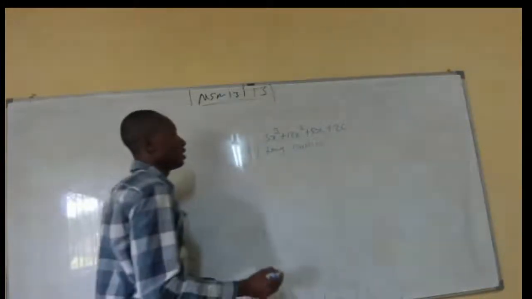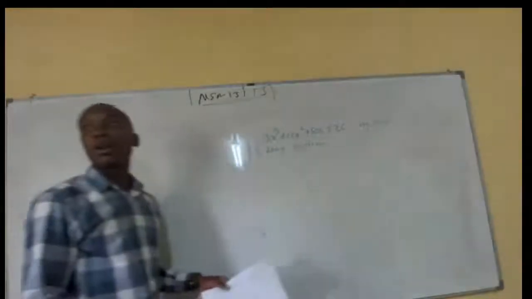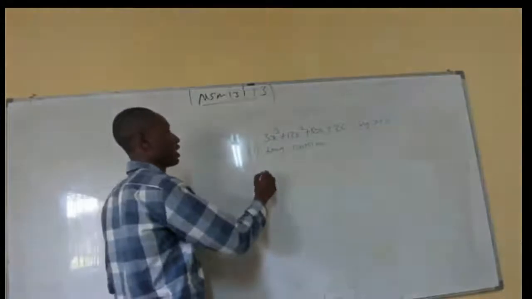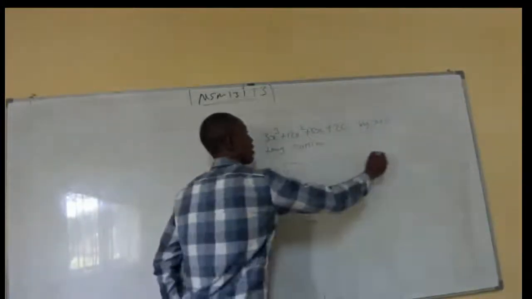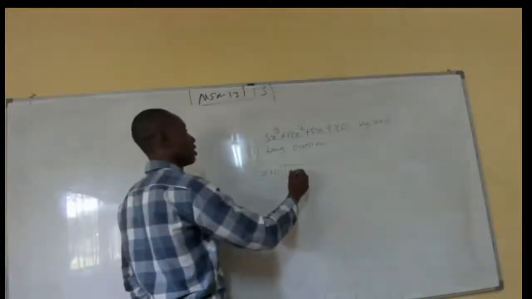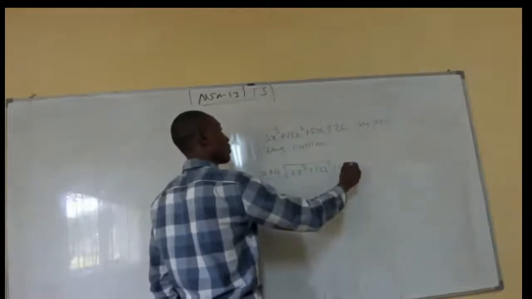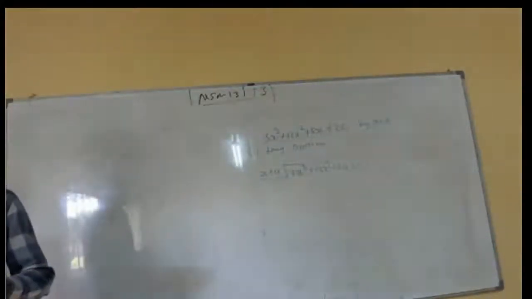Okay, so we're dividing by x plus 4. So using long division, you have x plus 4. Then we're going to write the actual polynomial in question, right?